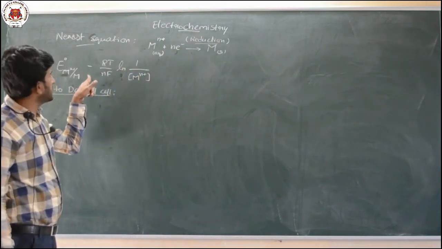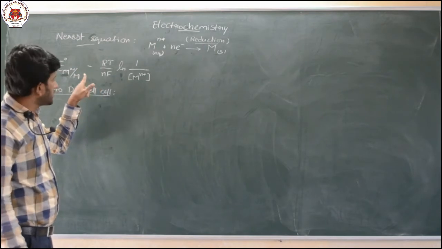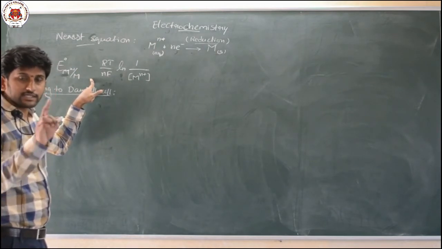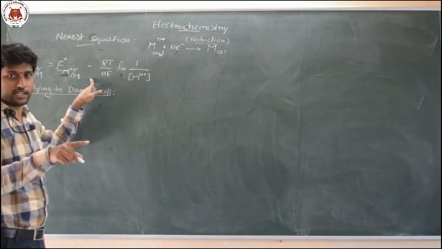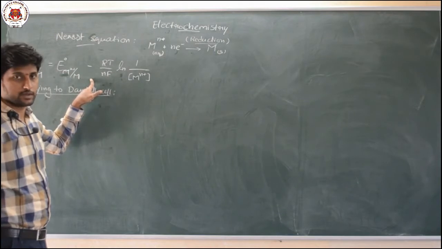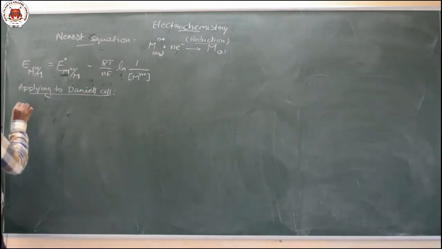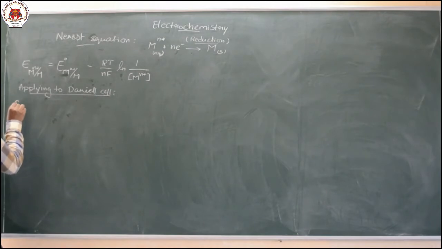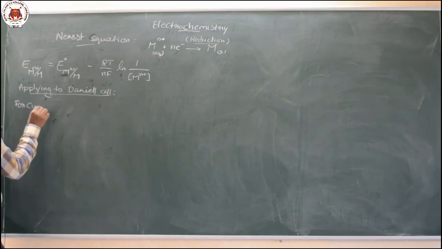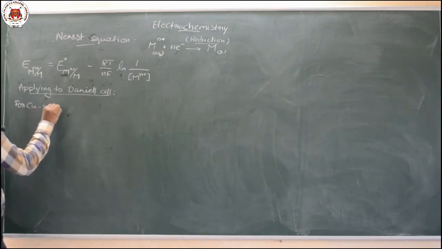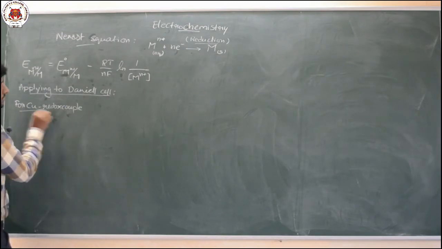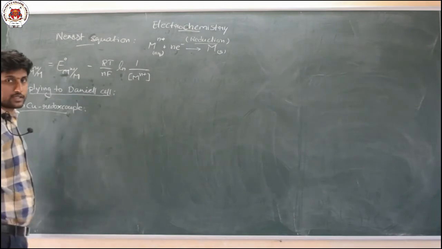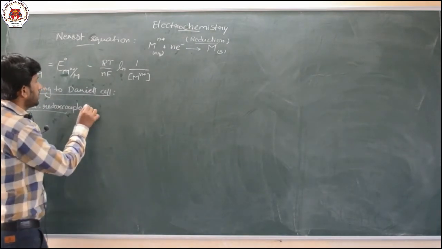This is the equation Nernst has given to us. The same thing you should apply, considering the reduction reaction of the copper redox couple as well as the reduction reaction of the zinc redox couple. So now I will write it for the copper electrode or copper redox couple. How to write the equation?